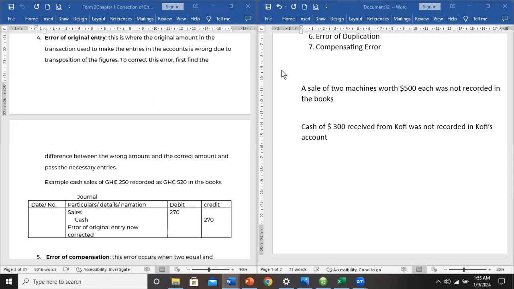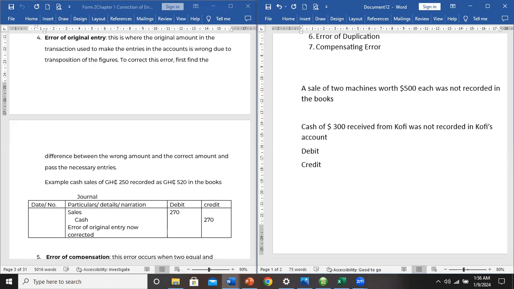So I think you were right at a point, all of you, but you also missed something. It's normal. I was expecting it. When you look at it, it says cash of 300 received from Kofi was not recorded in Kofi's account. So let me start from this background. When a transaction occurs, you open two accounts, do a debit, and then do a credit to complete the double entry.